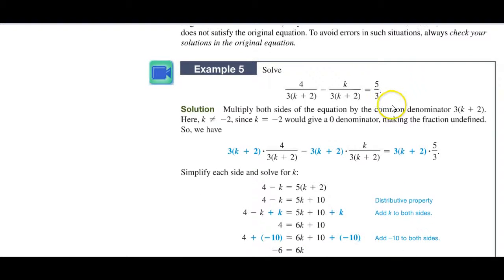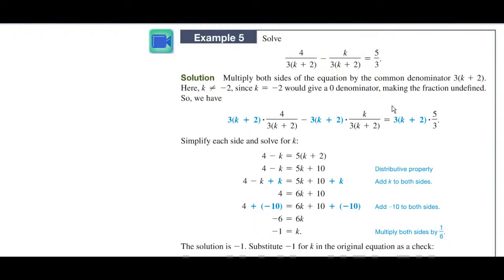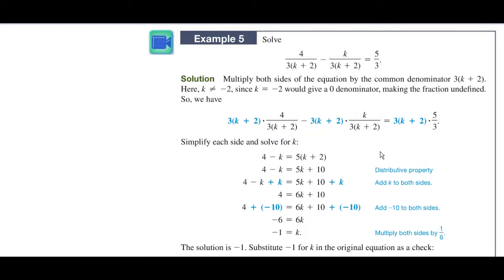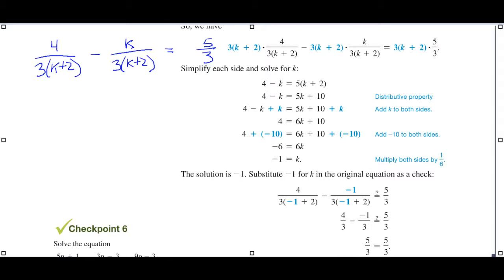Okay, well, let's take a look at this one, because this is a higher level getting rid of our fractions, and I'll set it up here for you. So as we look at this equation, we need to get rid of the fractions. So what is our lowest common denominator here?